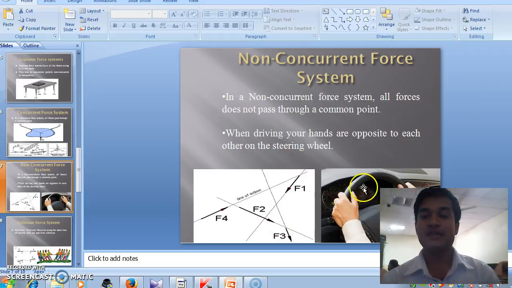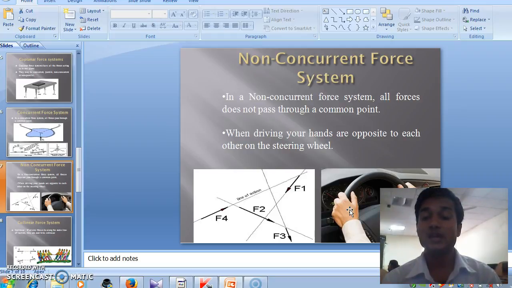Consider an example of a driving wheel, or steering wheel. When we drive a car, we generally hold the steering in such a manner. If we try to move the vehicle to the right side, then we turn the wheel in the clockwise direction.